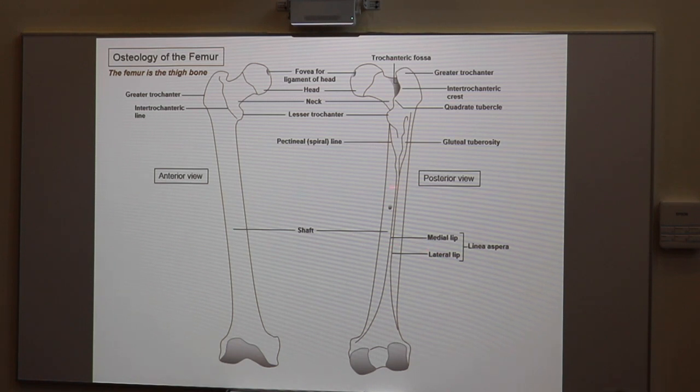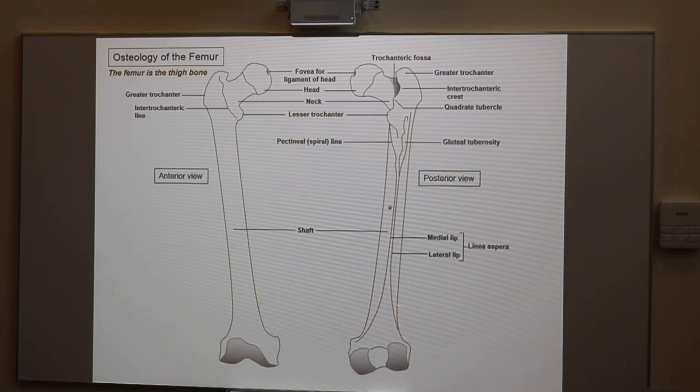If you continue, this linea aspera is going to separate into two lines. Can you see these two lines? One is called the medial supracondylar ridge, the other is called the lateral supracondylar ridge. Why is it called supracondylar ridge? Because these are the condyles of the femur. This is the medial condyle of the femur, this is the lateral condyle of the femur. The line just above the medial condyle is the medial supracondylar ridge.